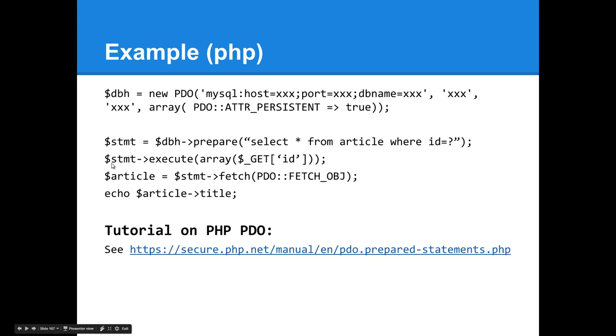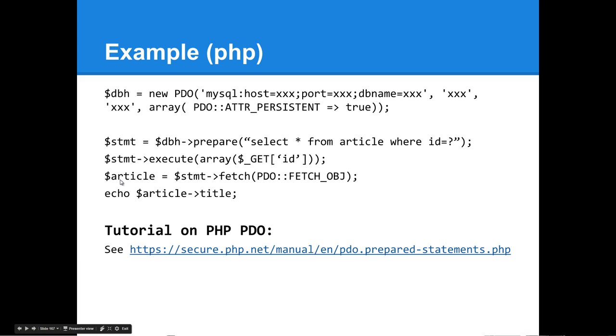And then when you want to fill in the parameters, you would do statement execute and provide the user input. Here we're using the array function. You don't necessarily have to do it in this manner, but however you provide the user input is passed in through an argument to execute.